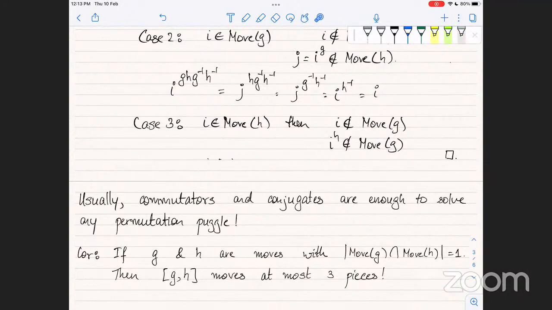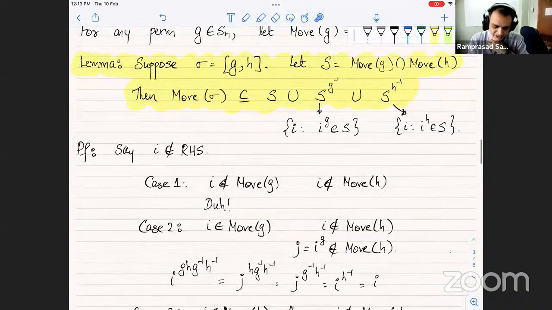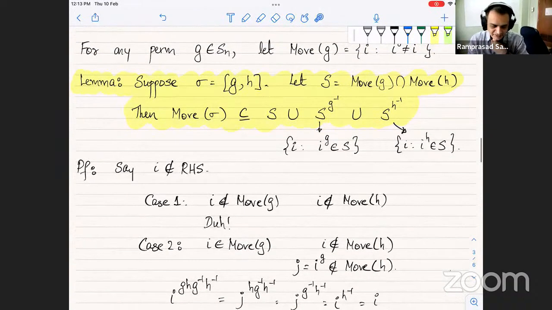Sorry to interrupt. Why not exactly at most? So it may be the case that some of these elements, even though they are in the common set, are not moved. Here is a stupid example. If G was equal to H, no, that's not what I want. So suppose G was equal to H inverse.